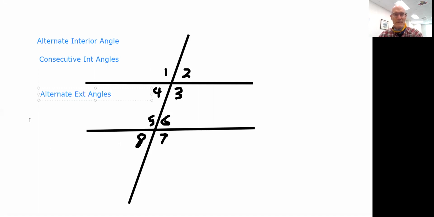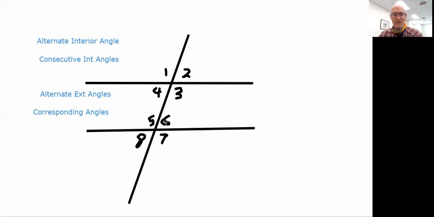And then the final type of angle we have is what is called corresponding angles. So the corresponding angles here are in the same position. If you look at each one of these intersections, the upper right angle 2 here and the upper right angle 6.